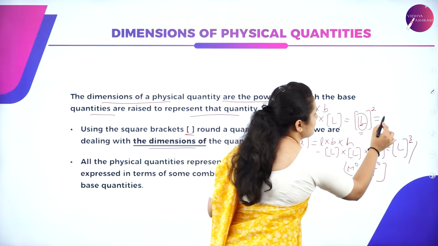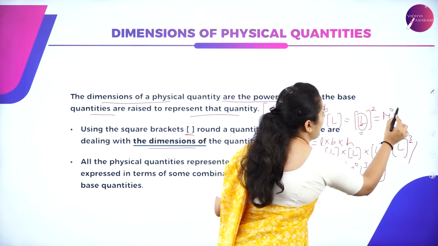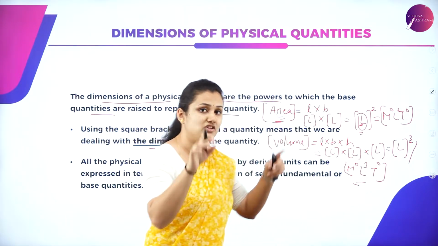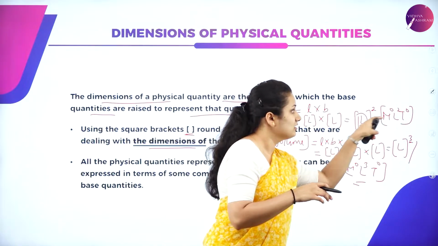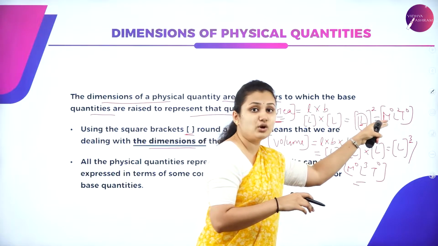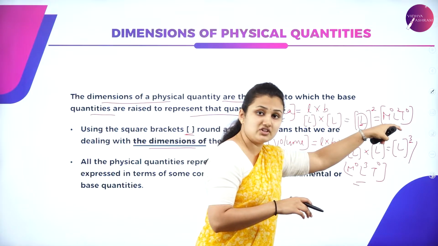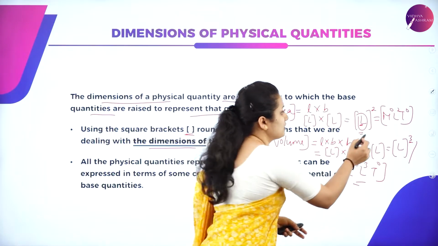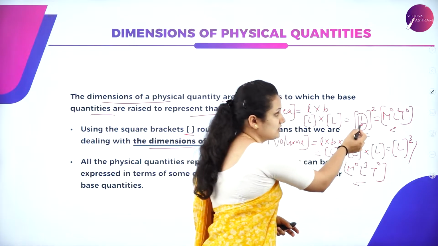Similarly, you can write this as M0, L2, T0. Always represent the dimension inside the square bracket. It has 0 dimension in mass, 2 dimensions in length, 0 dimension in time. This is also right.